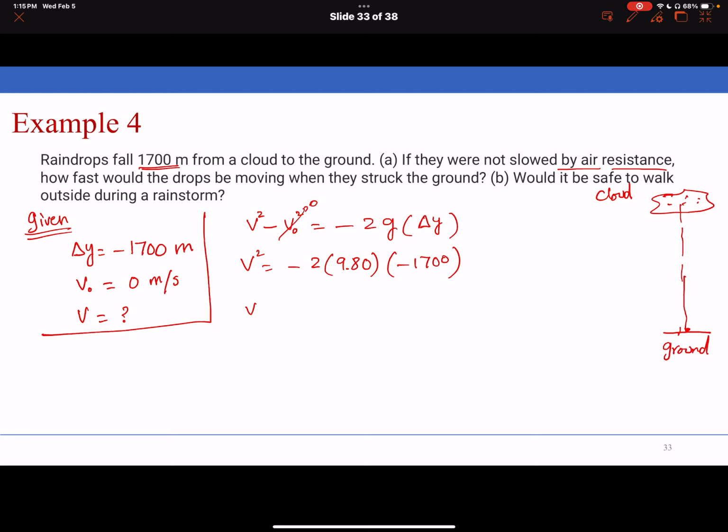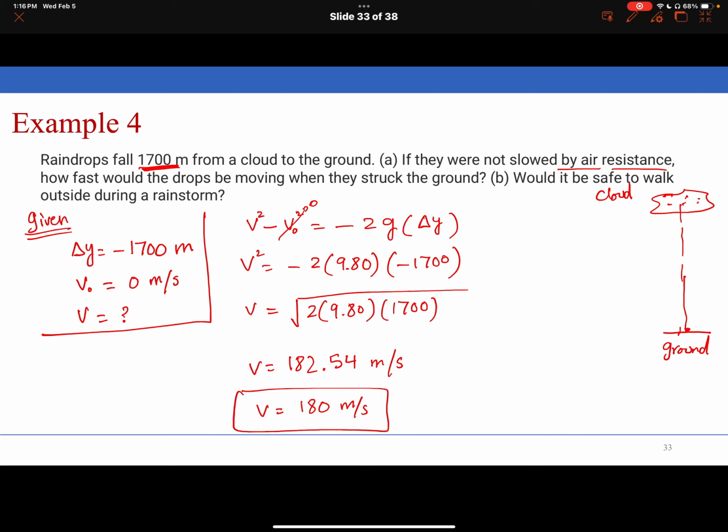So V is equal to the square root of, negative times negative becomes positive, 2 times 9.80 times 1700. So V comes out to be 182.54 meters per second. Now looking at the significant digits, assuming 1700 does not have an implied decimal, I can only keep 2 sig figs. So the answer will be 180 meters per second.